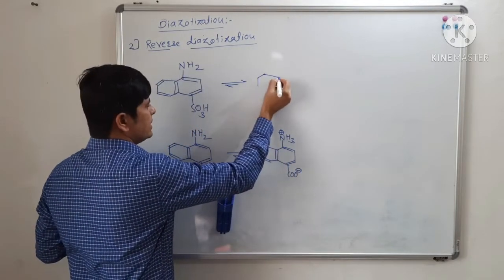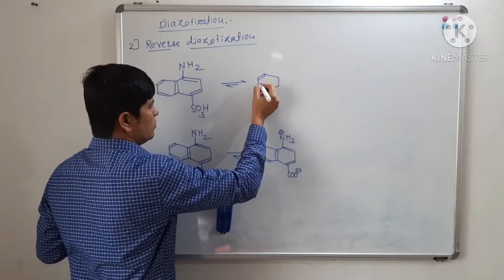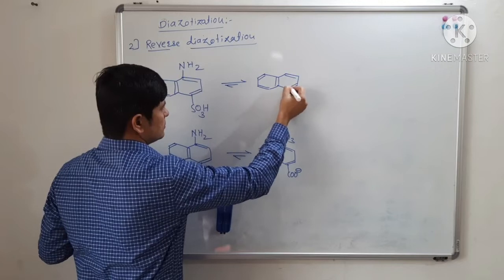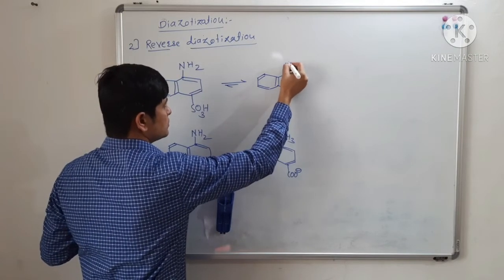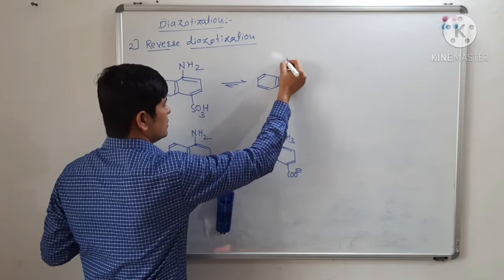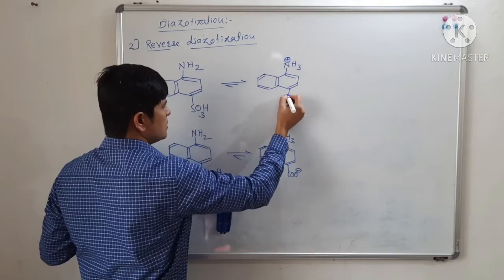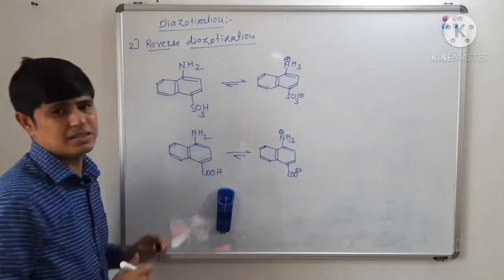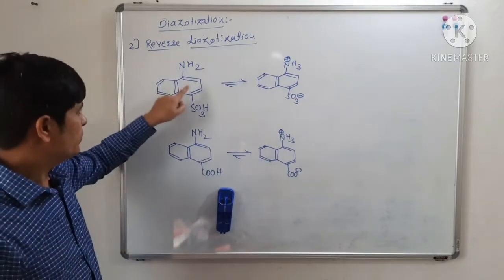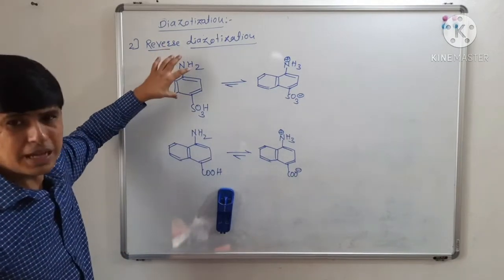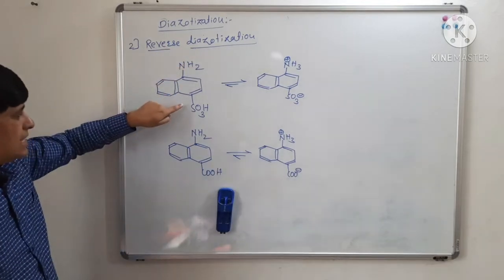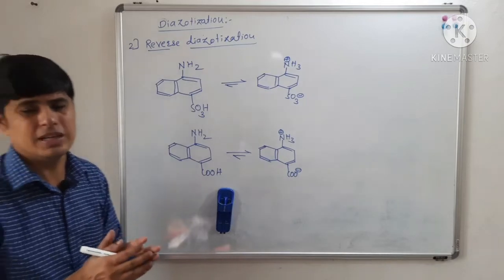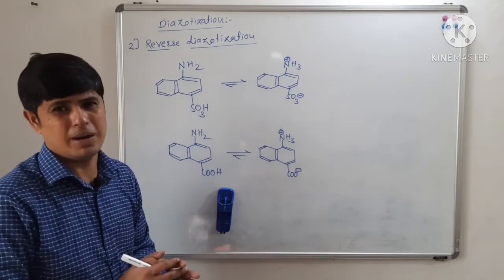Similarly, you can write a zwitter ionic form for this compound, SO3 minus. So when the aromatic amine contains an acidic group on its structure, there will be zwitter ion formation of that aromatic amine.